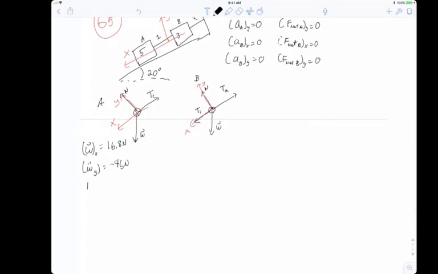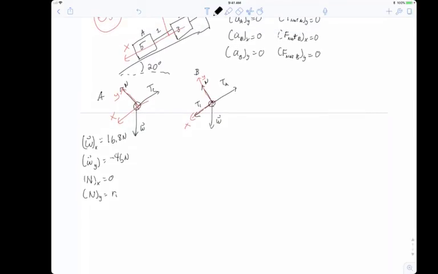Normal force in the x direction is 0. Normal force in the y direction, I don't know how big that is, little n. And T1 in the x direction is minus, I'll call it tau. T1 in the y direction is 0.